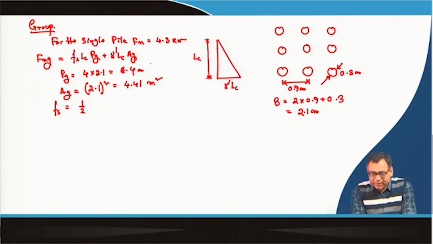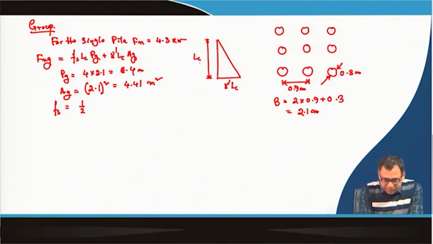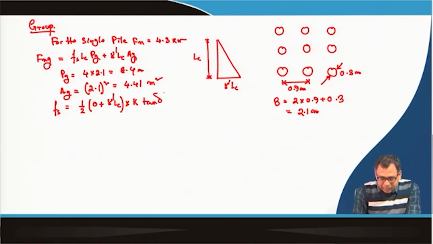It will act at the middle, so we have to take the average: 0 plus gamma dash into Lc, divided by two, acting at the average middle, into K into tan delta. That is the total resistance Fs.